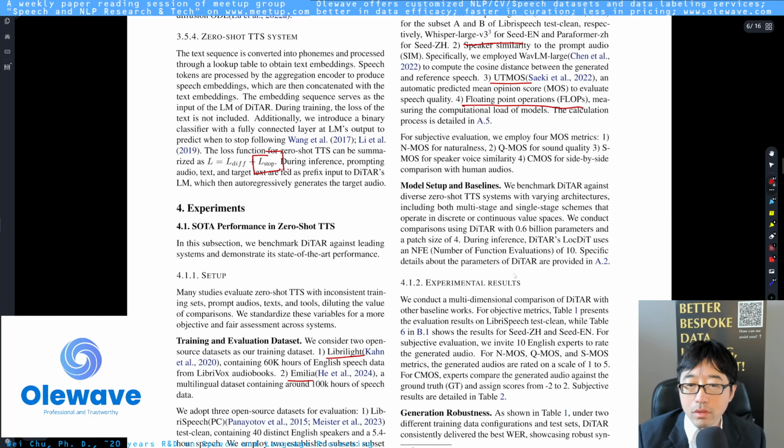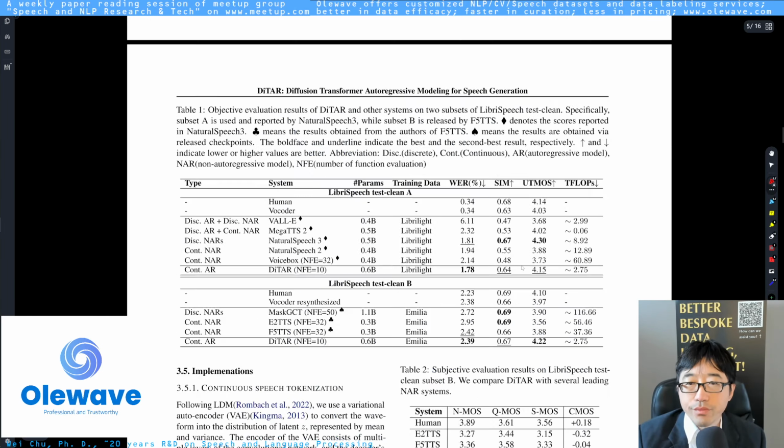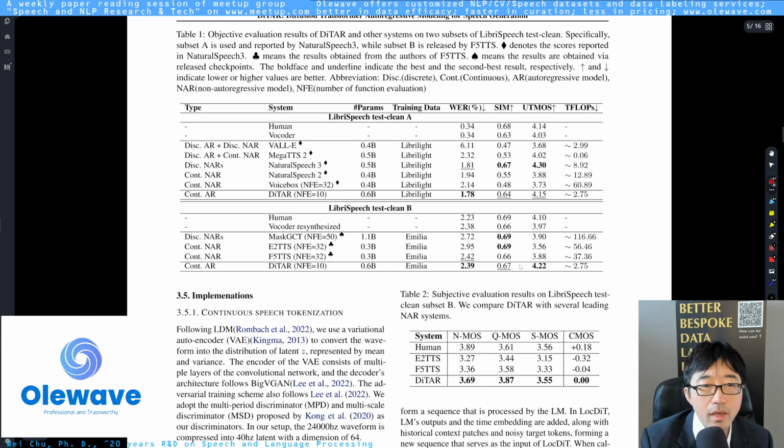The results, I think, are easy to understand. On LibriSpeech, they have roughly the same parameters as other people. That's what they get in terms of word error rate.